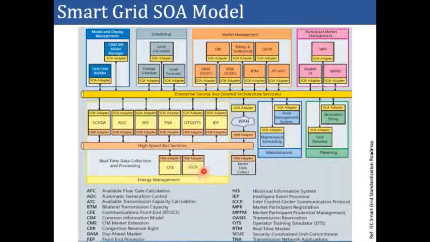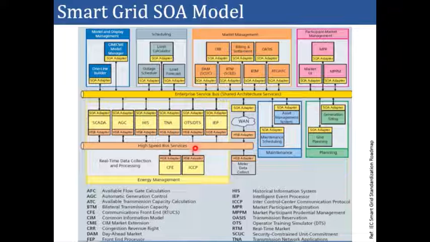So the non-standard data which is received from the field will first be converted into a standard data format using the HSB adapter. So the adapter is nothing but one small software application which will convert non-standard data into a standard data type.